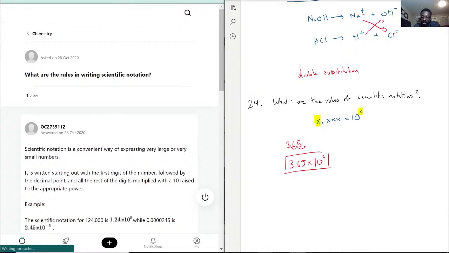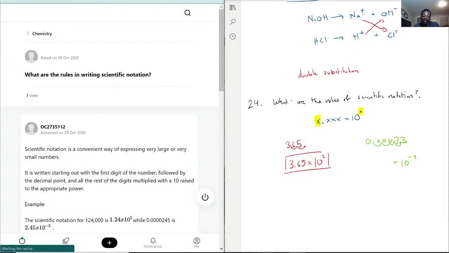Let's say I had 0.00073. Remember, you want to get it to the point where you have only one number before the decimal. So 1, 2, 3, 4. It's going to be times 10 to the -4 because you moved to the right.